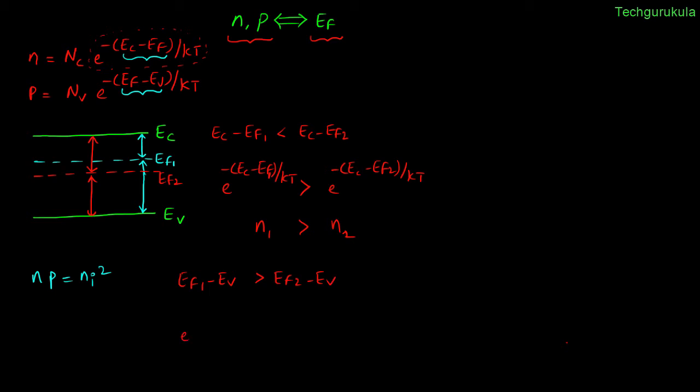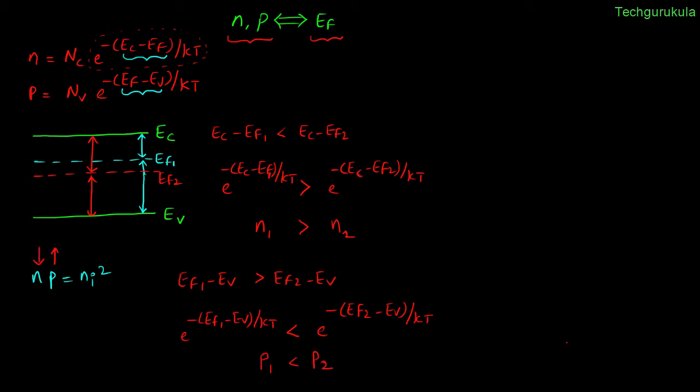And similarly, we can say e power minus of EF1 minus Ev over kT relative to e power minus of EF2 minus Ev over kT would be this way, where in the second case the hole concentration would be higher because the distance between EF2 and Ev is smaller compared to EF1 and Ev. Now this clearly indicates that as we move the Fermi energy level from EF1 to EF2, the electron concentration is decreasing.